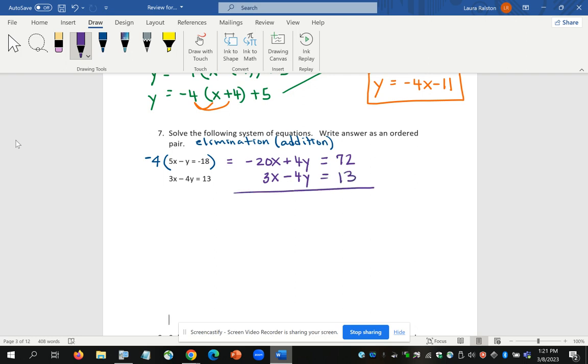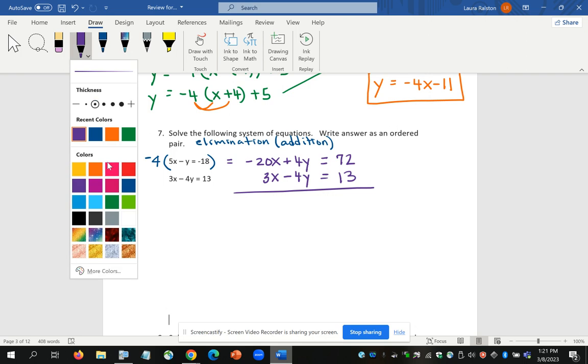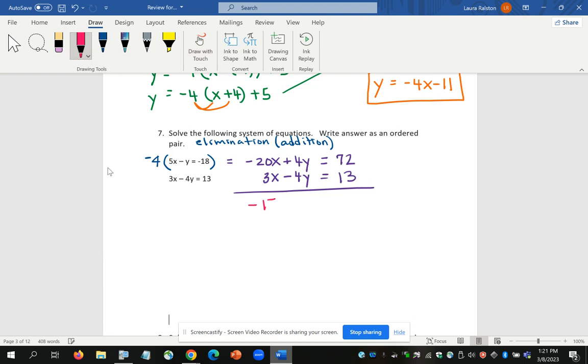Then I'm going to add those two equations together. So I would have negative 20x plus 3x is negative 17x, plus 4y minus 4y is 0. The y value is eliminated, equals 85.